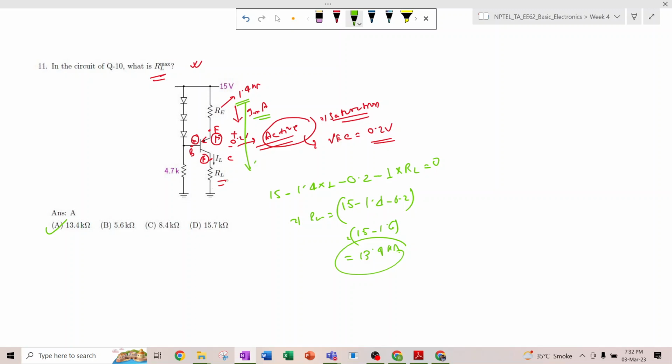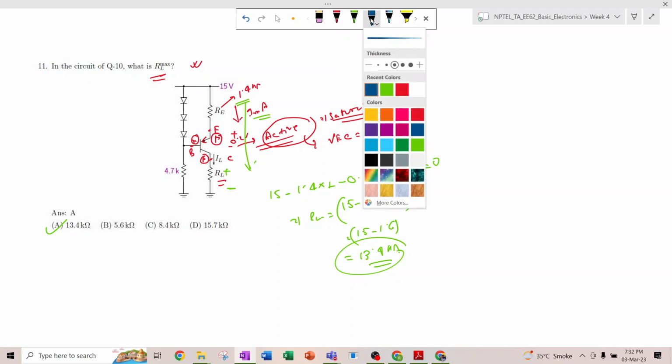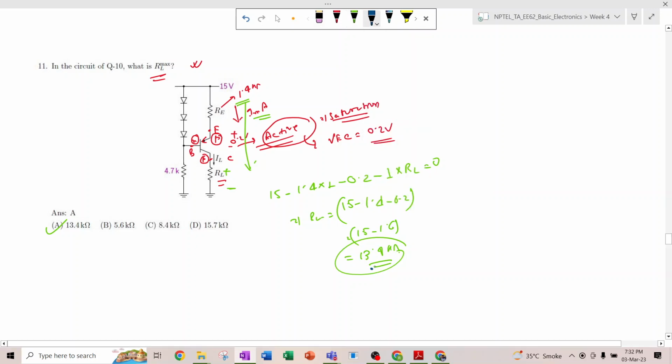If we increase more, the voltage drop here will be very large, right? So now it is 13.4 kilo ohm, you got it?